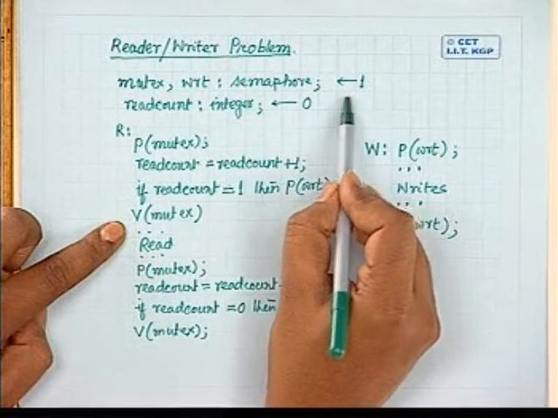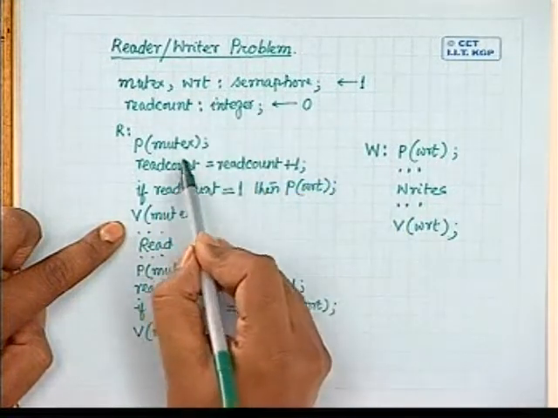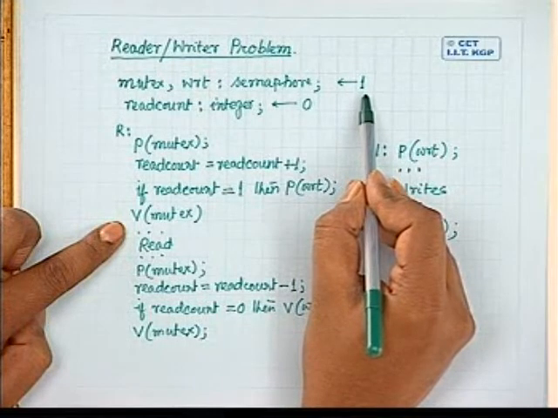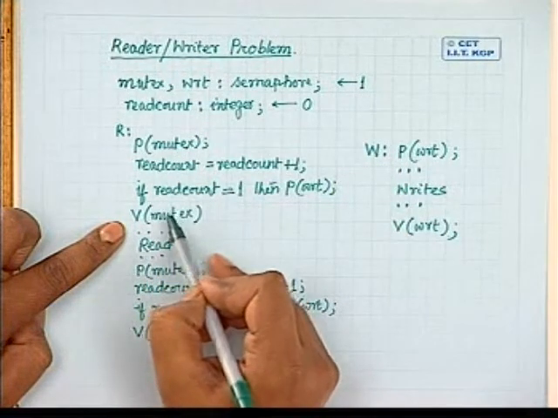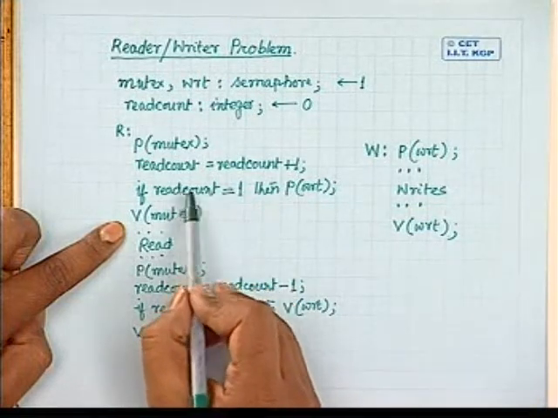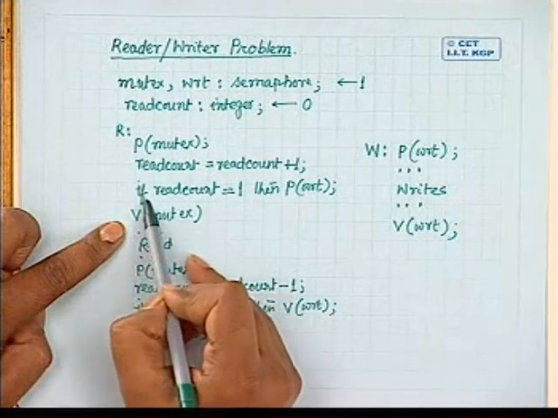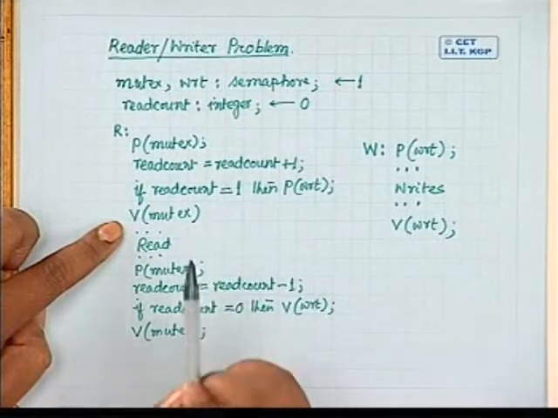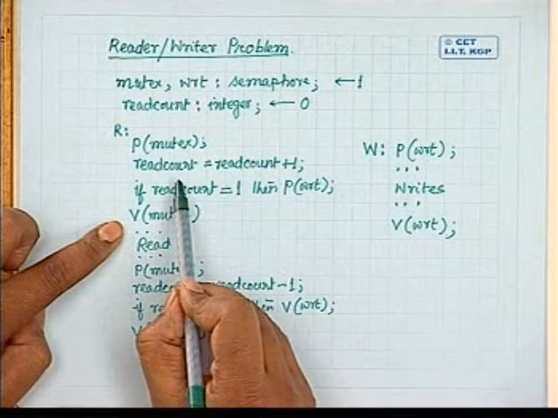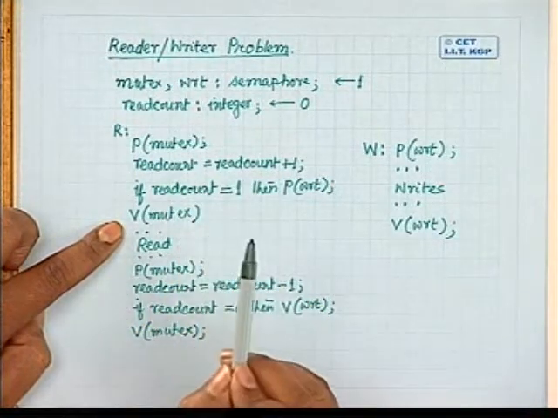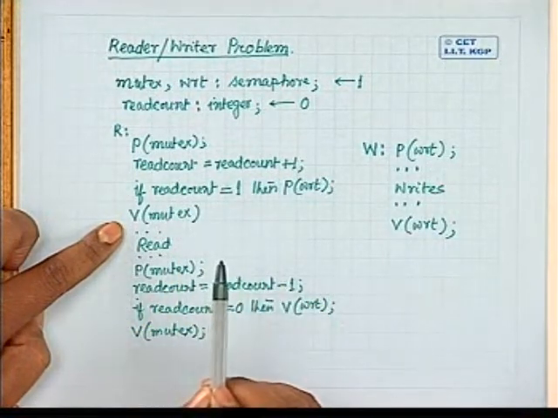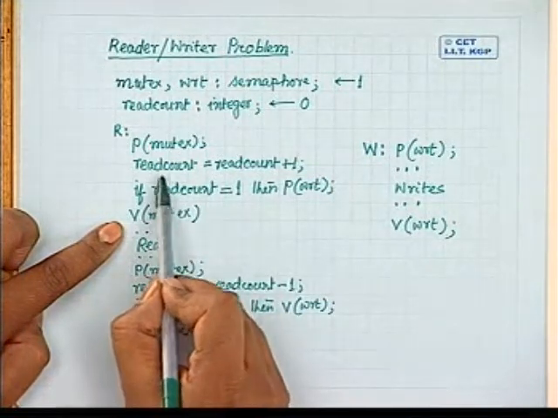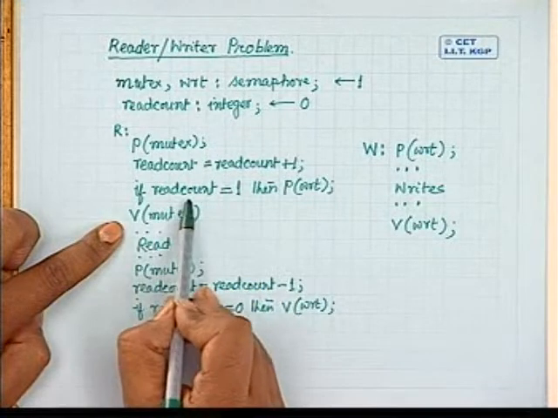simply because we have initialized the semaphore variable mutex to value 1. Okay. So, this ensures mutual exclusion of these two statements within this p mutex pair. In essence, it ensures that this read count cannot be modified by more than one reader process at a time. And you have seen what type of problem we will face if we allow more than one reader process to modify the value of read count followed by this if statement.